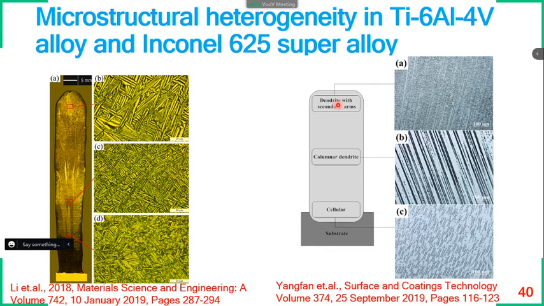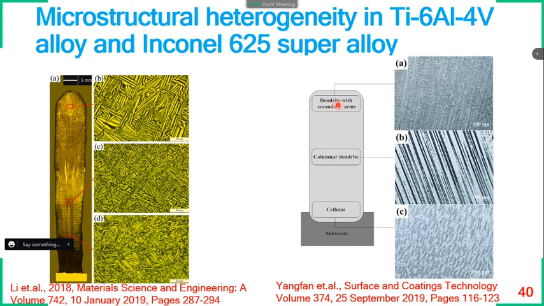It is because it is transient heat, so the thermal gradient varies with each and every instantaneous point. Even in the same layer, one point may have a different heat dissipation rate and a different thermal gradient, and the other end may have another thermal gradient. So within one single layer itself there will be this much microstructural heterogeneity. We cannot expect uniform material characteristics in the wire arc additive manufacturing process.